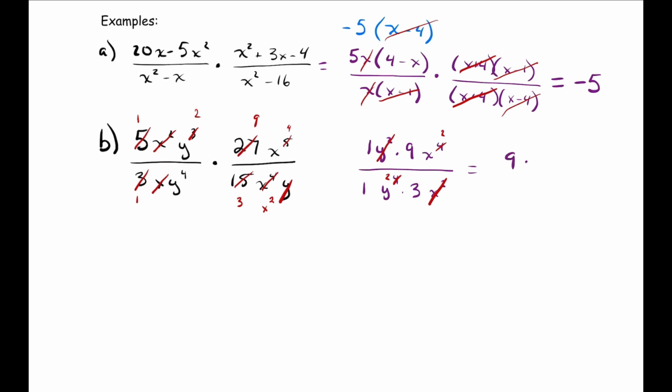So we have 9x squared over 3y squared. And we can simplify one last time now with these constants. 9 divided by 3 is obviously just 3. So 3x squared over y squared.